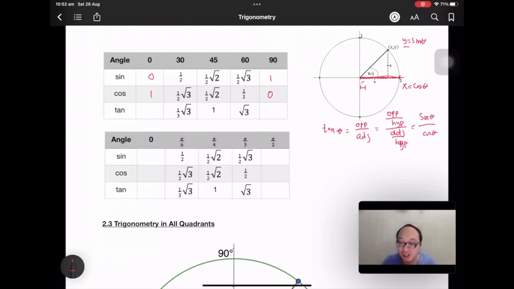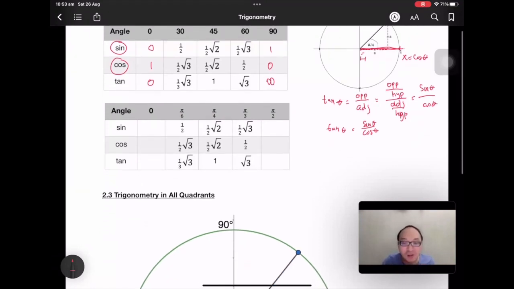So tangent theta is sine theta over cos theta. This means tangent 0 is 0 because it is 0 over 1. And tangent 90 degrees is 1 over 0, so it's infinite.